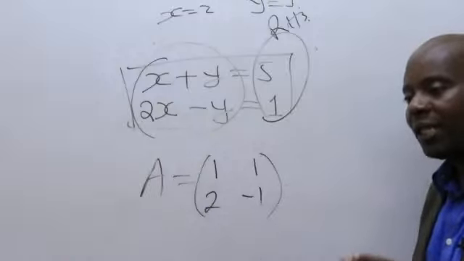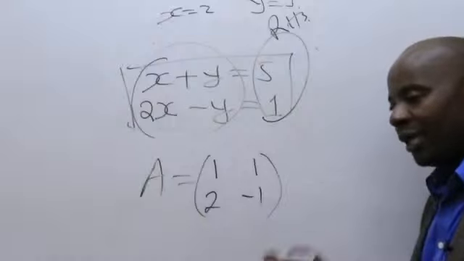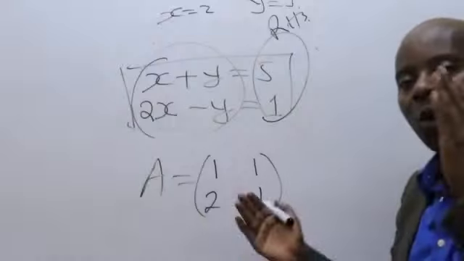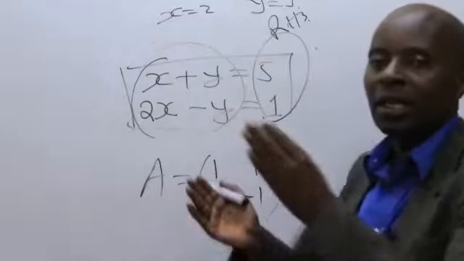Having spelled it down that nicely, I know for sure that the next thing will be to inverse it. And there is no way I will be able to inverse this matrix without ascertainment of the determinant.